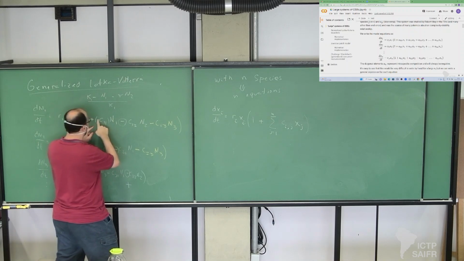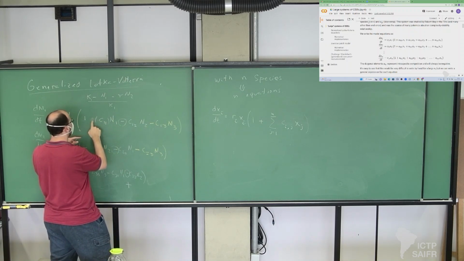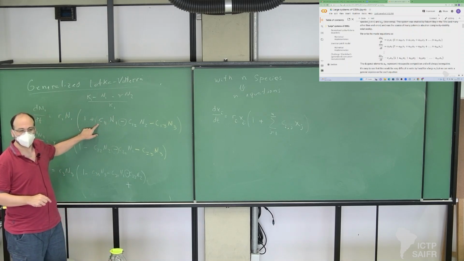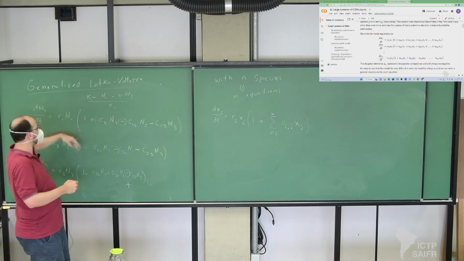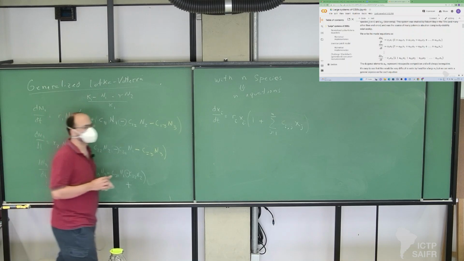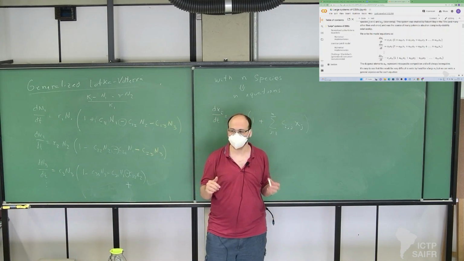So these C11, C12, C13 are going to be negative, because this is competition, just because I started with a model that already assumes that all of them are negative. Okay, more questions? Comments? Is it clearer now?